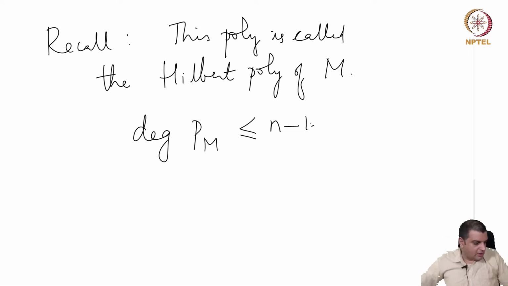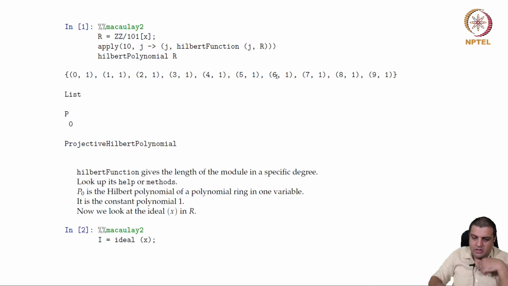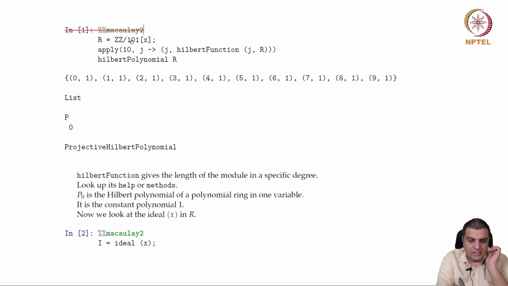Okay, so let's look at a Macaulay2 example. This is a calculation about the Hilbert polynomial. The relevant function is hilbertFunction, in camel case: h is lowercase, F is uppercase. Here Z is a polynomial ring in one variable.